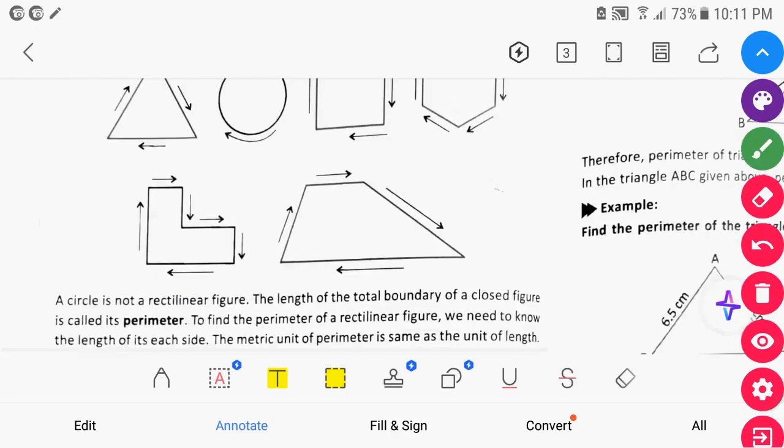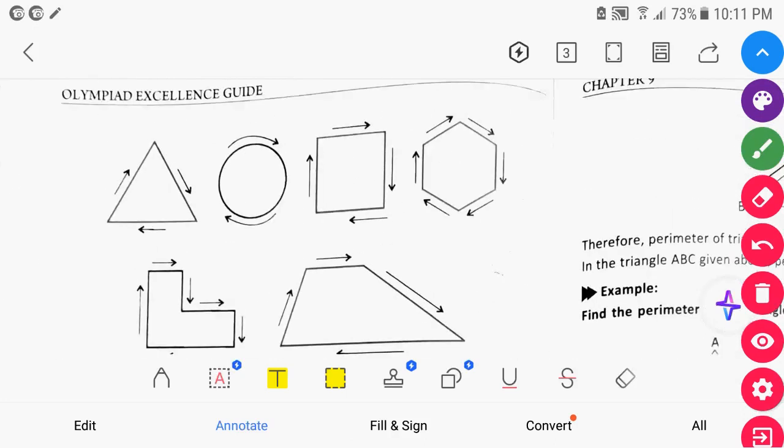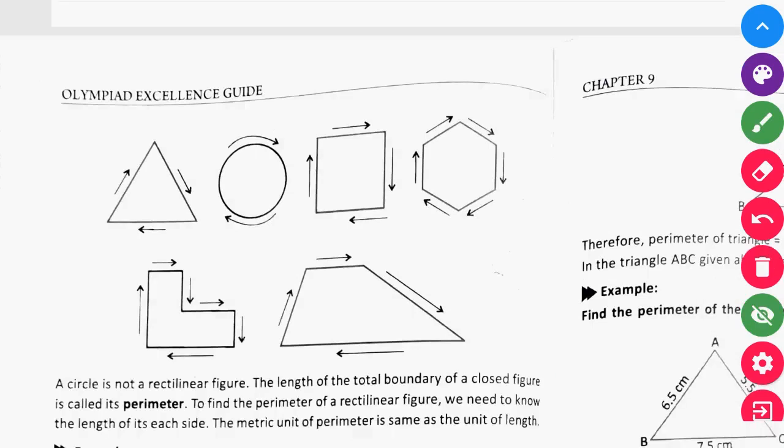Okay. Now see, these are some geometrical figures, and here they have shown that a circle has no line segment. Okay. And so a circle is not a rectilinear figure.